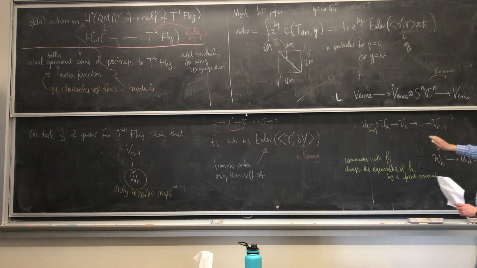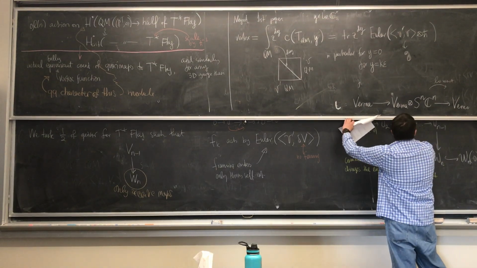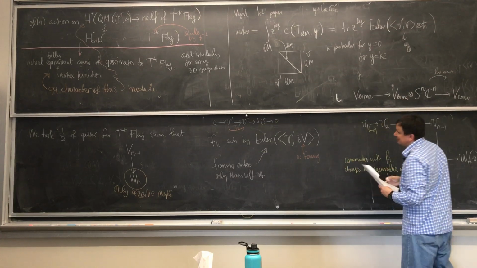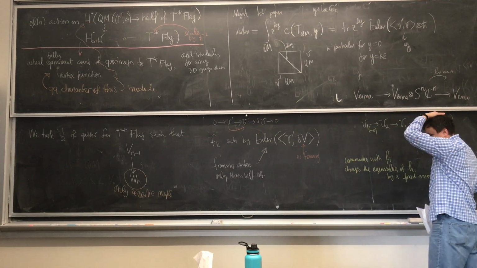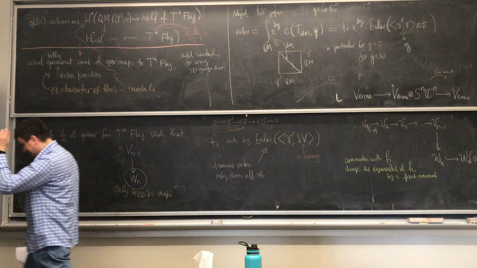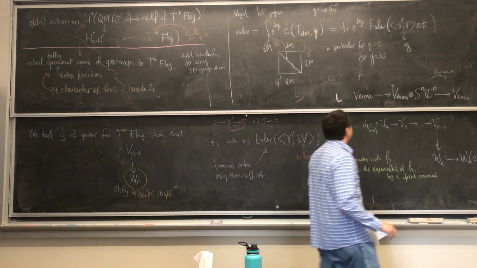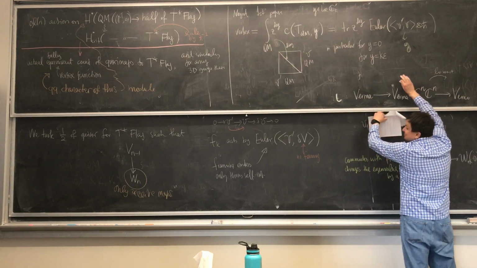And so, in other words, this is some sort of what people back in the days when Etingof and Kirillov wrote about this, and Nikita wrote about this. This was studied also many years ago.